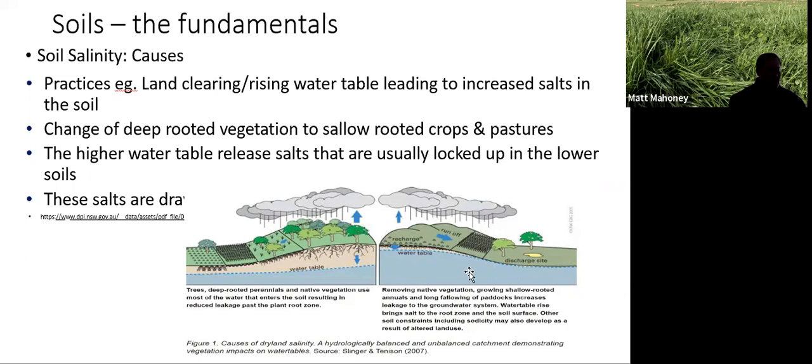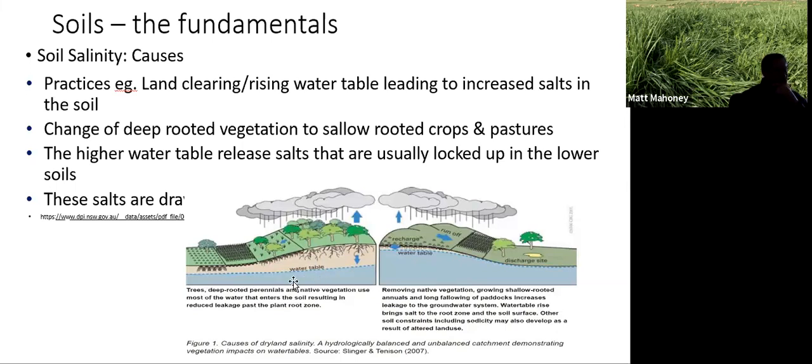So generally it happens when a lot of our land is cleared. We change the deep-rooted vegetation to shallow-rooted crops and pastures, and the higher water table releases the salts that are usually locked up in the lower parts, really deep in the soil.